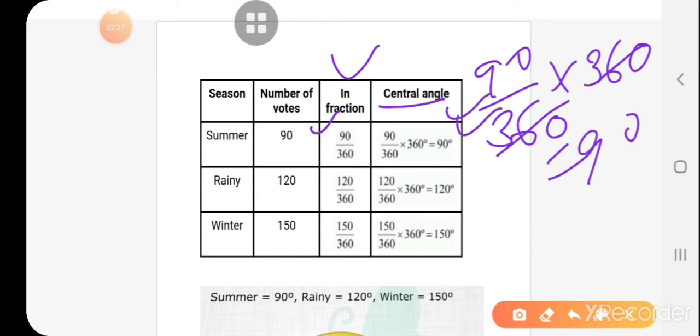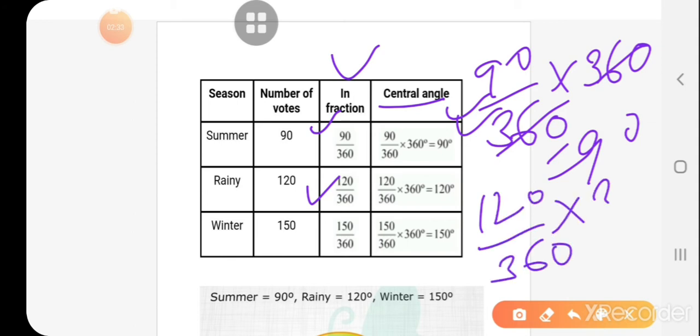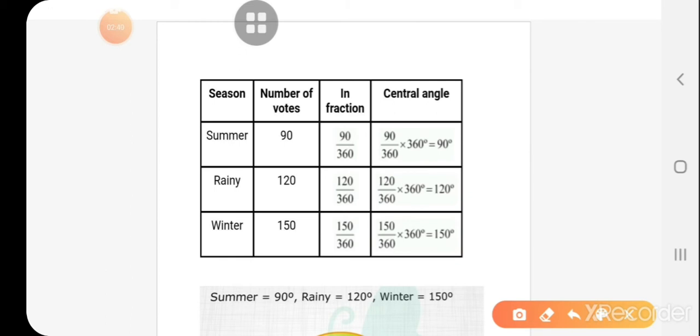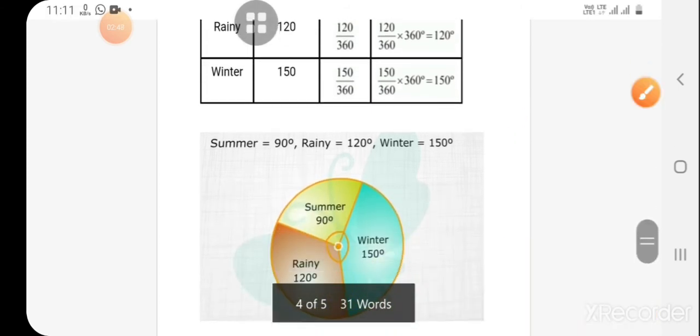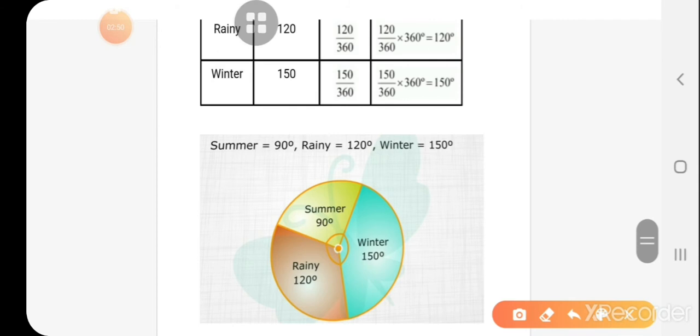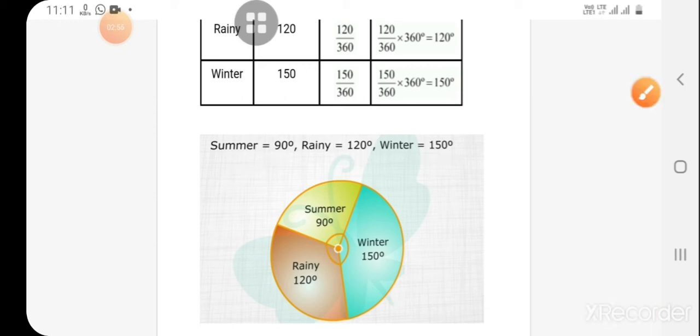Similarly, use this fraction, 120 by 360, multiply it with 360, so it will be cancelled out, and the angle will be 120 degree. Similarly for winter, it will be 150 by 360 as a fraction, again multiply with 360, so it will be cancelled out and you get 150 degree. So till now you got the central angles, that is 90 degree, 120 degree and 150 degree. These are what was asked for question number 2.